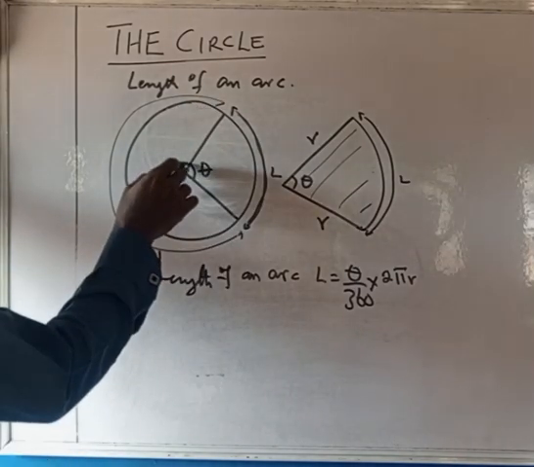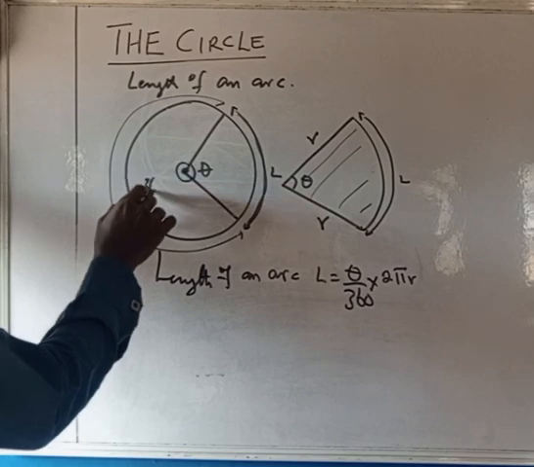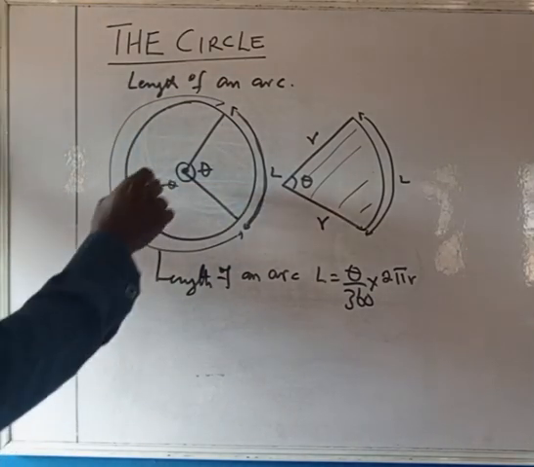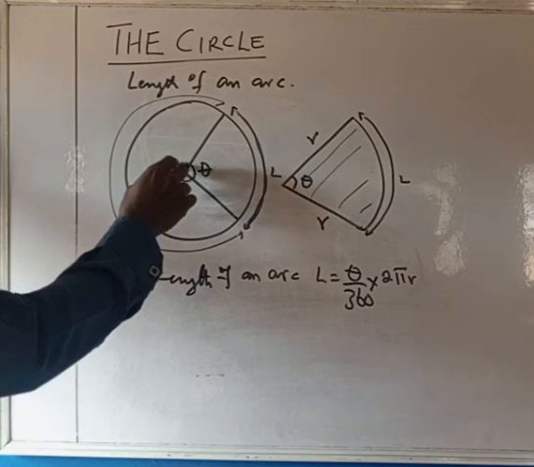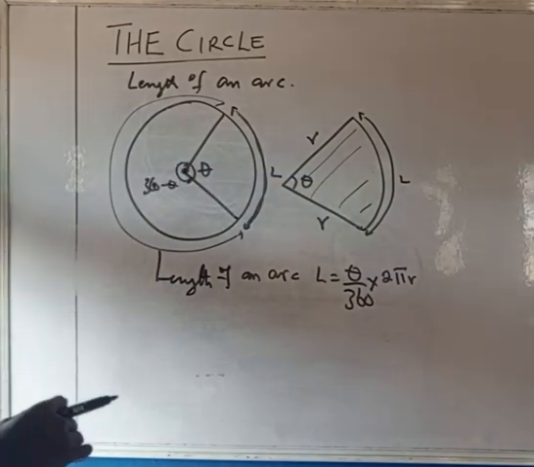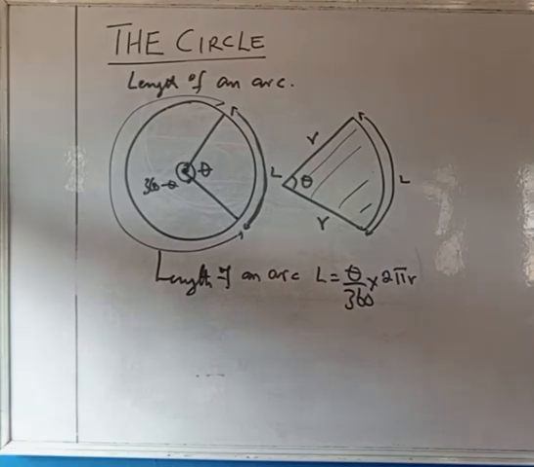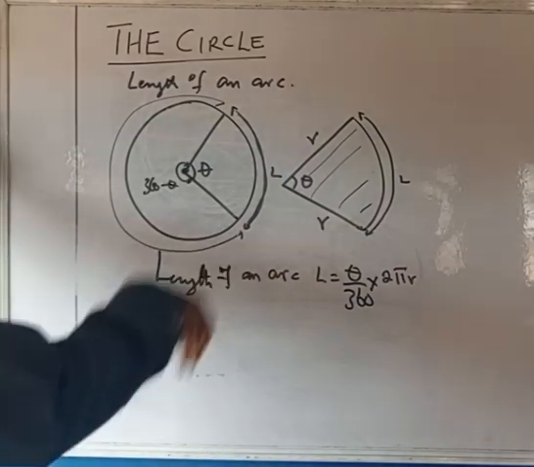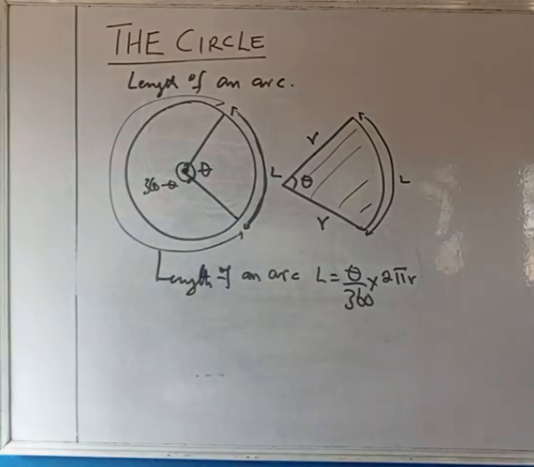Don't forget that this other side will become 360 minus theta, in case you are asked to find the length of the major arc. So it depends on how the question is given to you. I don't want this video to be too long. In our next class, we're going to take examples of how to find the length of an arc.